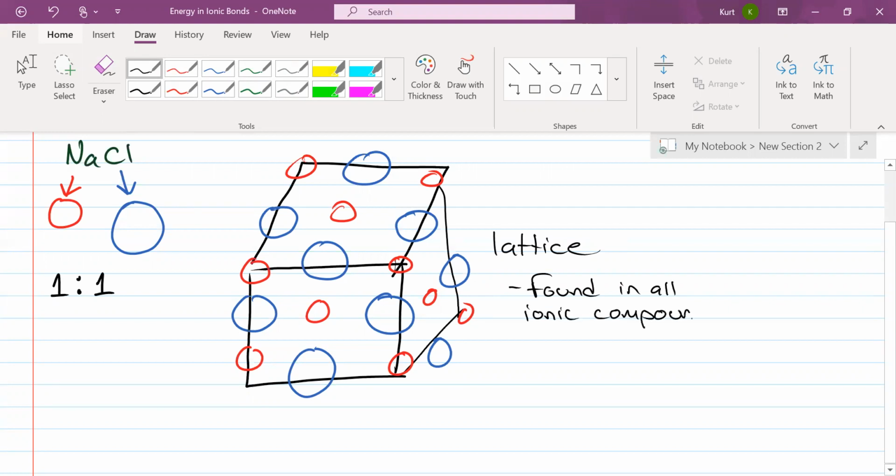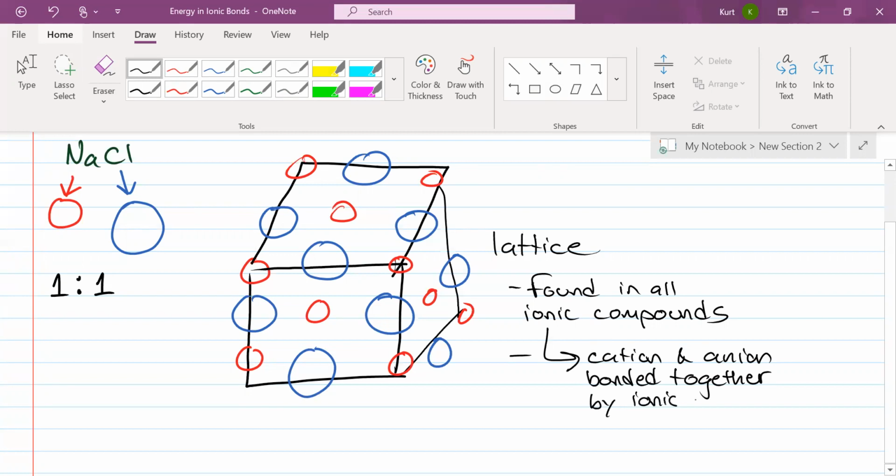Remember, everybody, that an ionic compound is when you have a cation and an anion bonded together. What type of bond holds an ionic compound together? Exactly, ionic bonds. I think it goes without saying that ionic bonds involve ions.